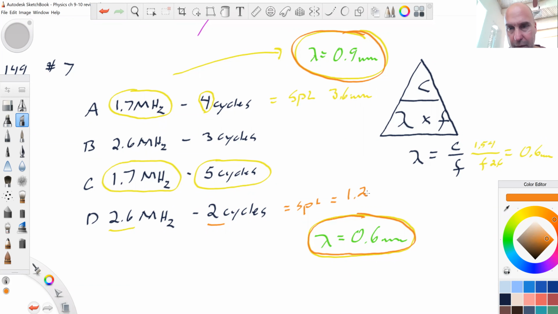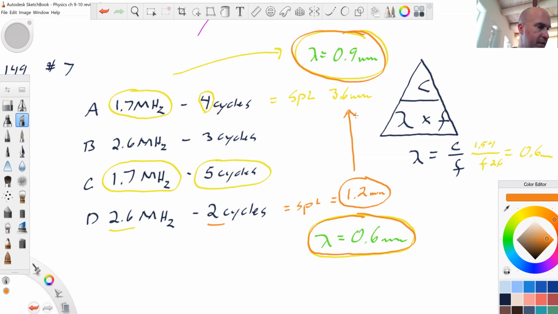I'm like, wait a minute, that doesn't work out. Of course, it's the spatial pulse length. So the resolution here is much better than there. Still not great. 2.6 megahertz is a very low frequency. 1.7 megahertz, I don't know if I've even used a transducer that goes down that far.